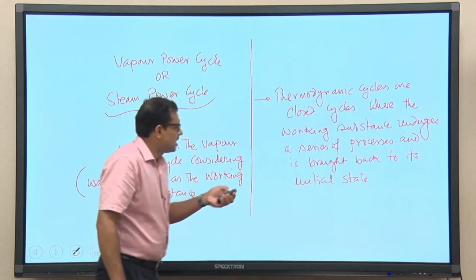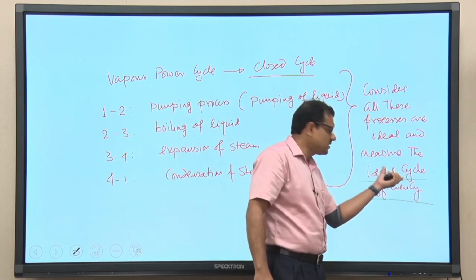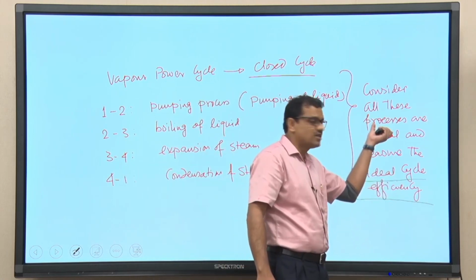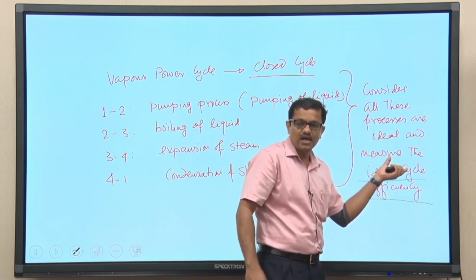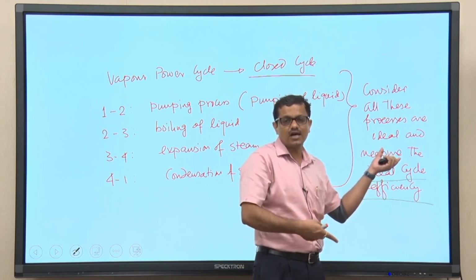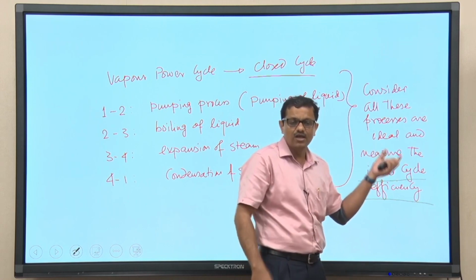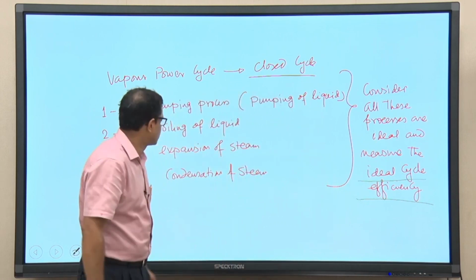So, the efficiency that we calculate considering all the processes to be ideal is the ideal cycle efficiency, but at the same time we need to consider that all the processes are not ideal, rather they are actual. So, we need to introduce the concept of process efficiency.